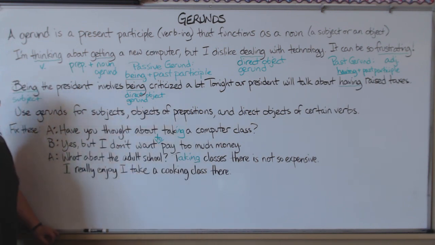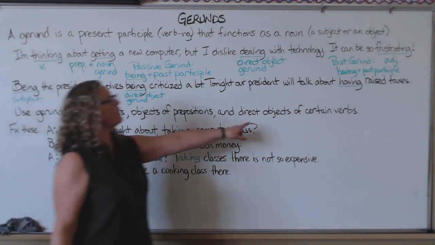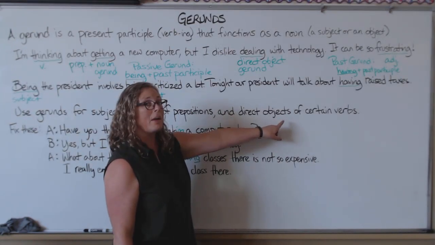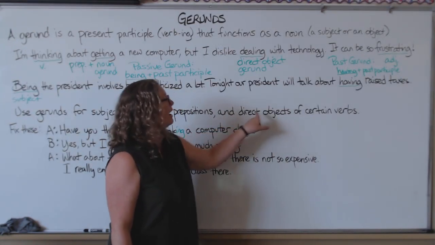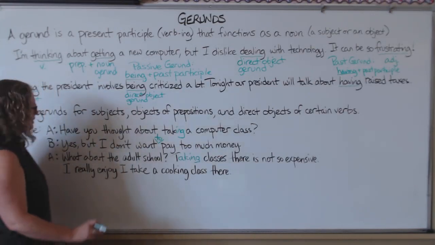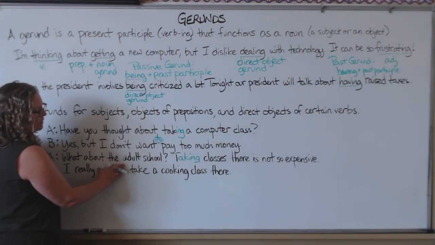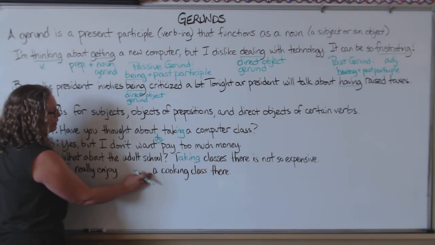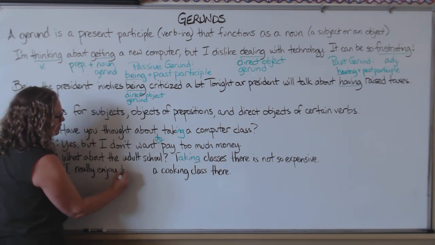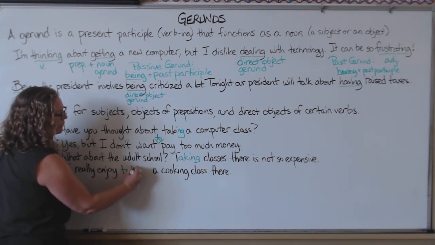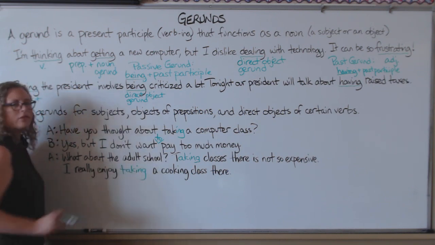I really enjoy, I take a cooking class there. Enjoy is one of the verbs that you will memorize or have memorized that takes a gerund as a direct object. So instead of saying I take, we need the gerund. No I, just the gerund.